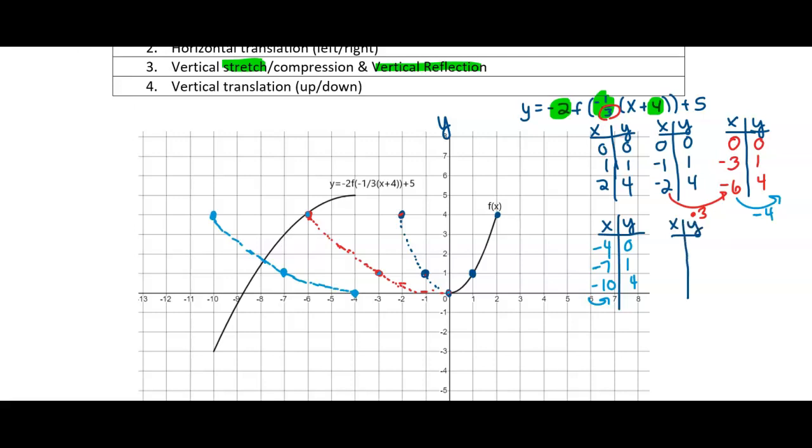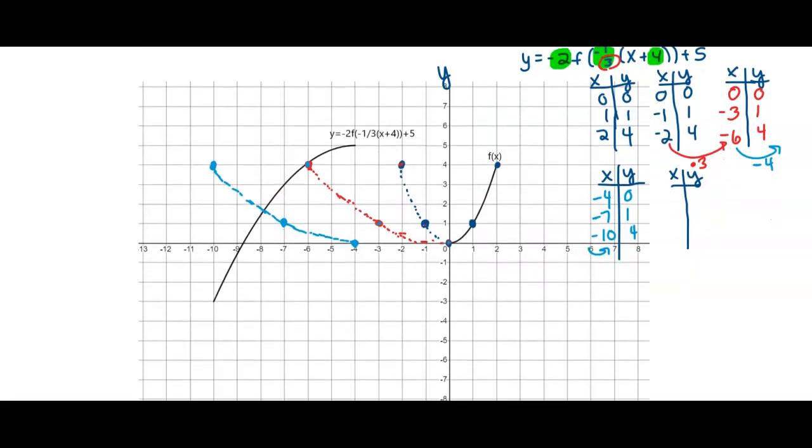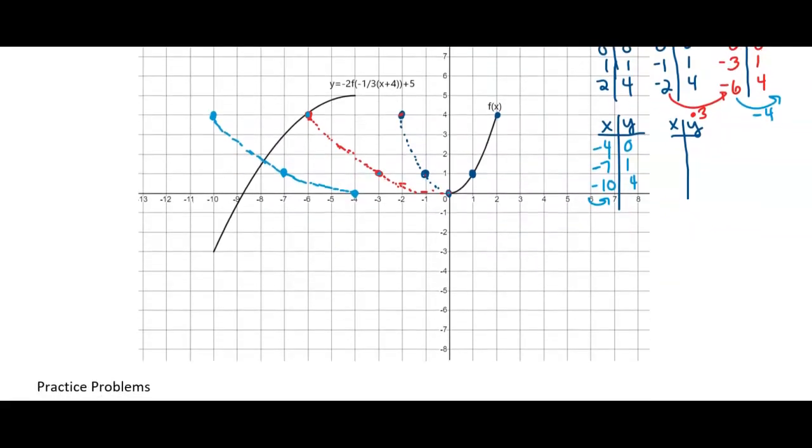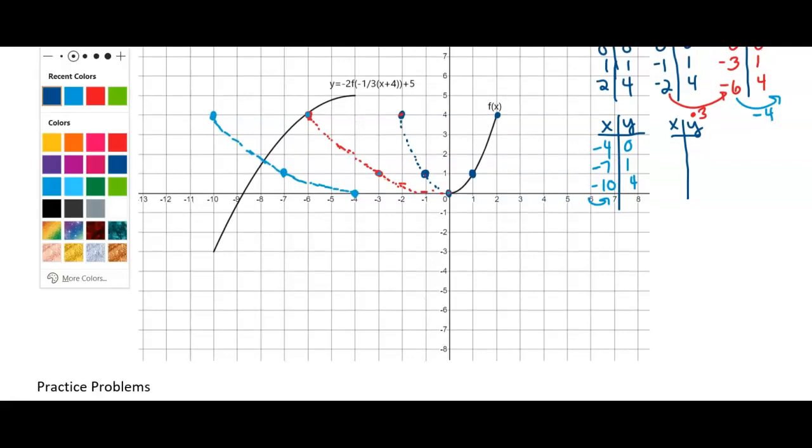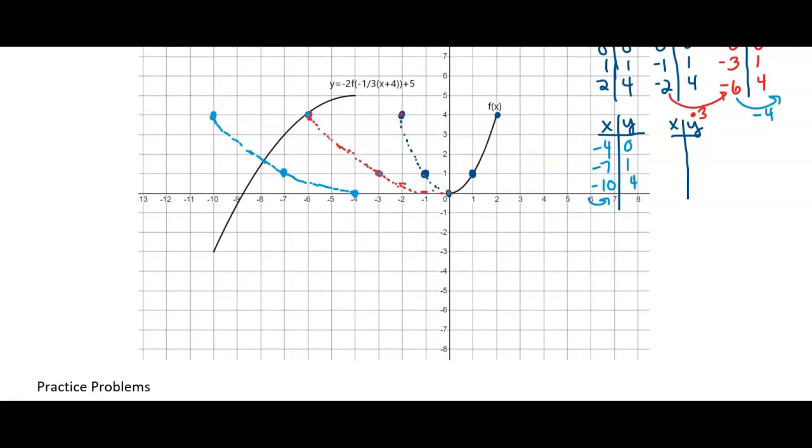Okay, and let's go ahead and do the vertical reflection. So what's going to happen here, I'm going to go to a green, is everything's going to flip over the x-axis. This point that's up here at negative 10, 4 is going to flip over, and it's still going to be at negative 10 for the x value, but now it's going to be at negative 4.